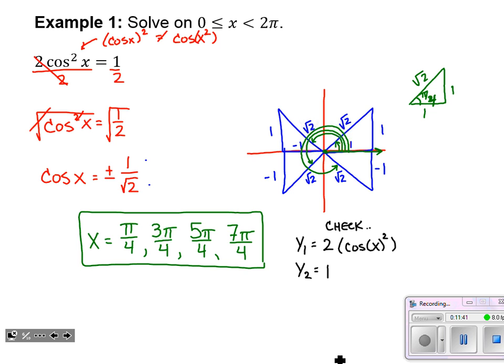Secondly, they're telling us that our x values are only going between 0 and 2 pi. So I'm going to have to change the window to go from an x min of 0 to an x max of 2 pi. And we may have to do some zoom fit or something once we have that window established in order to see the intersections happen. And lastly, we want to make sure that we are in radian mode.